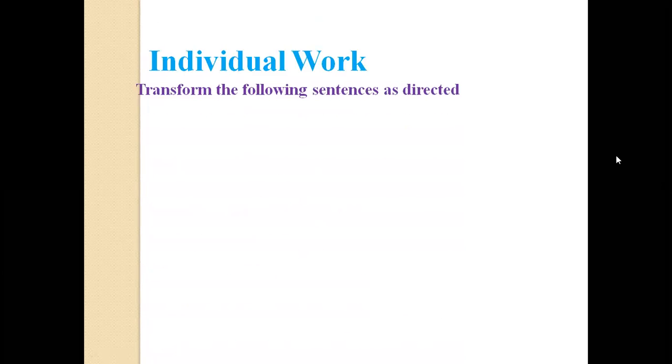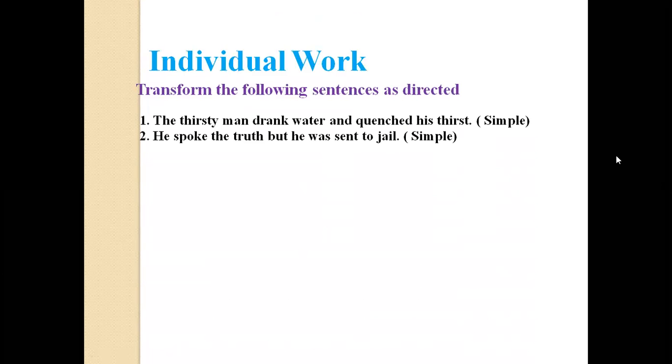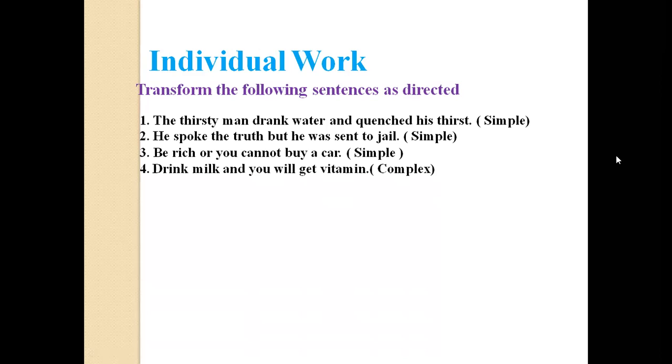Transform the following sentences as directed. 1. The thirsty man drank water and quenched his thirst. Turn it simple. 2. He spoke the truth, but he was sent to jail. Turn it simple. Number 3. Be rich and you cannot buy a car. Change it simple. 4.